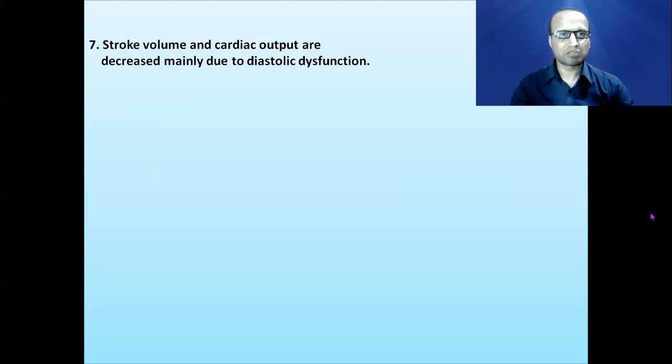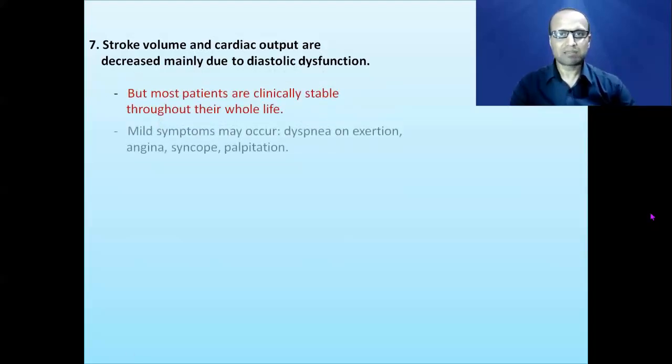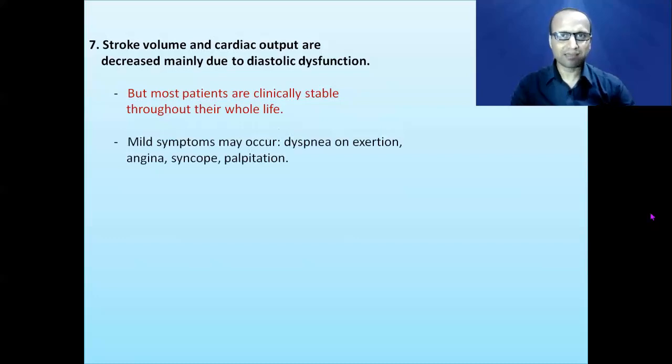So in stage 2, stroke volume and cardiac output are decreased mainly due to diastolic dysfunction. But most of the patients in this stage are clinically stable and they suffer from only mild symptoms of decreased cardiac output and increased oxygen demand.